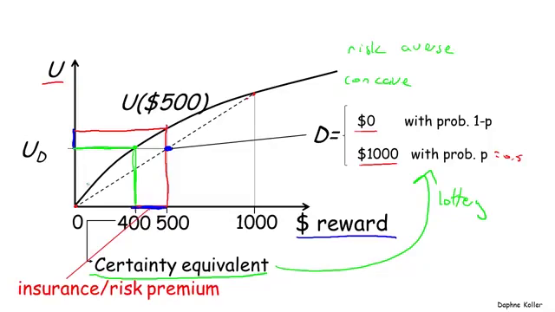So, for example, if the utility was linear in the reward, that would be a behavior that was called risk neutral. Conversely, if we had a curve that looked like this, which is a convex function, that would be risk seeking.